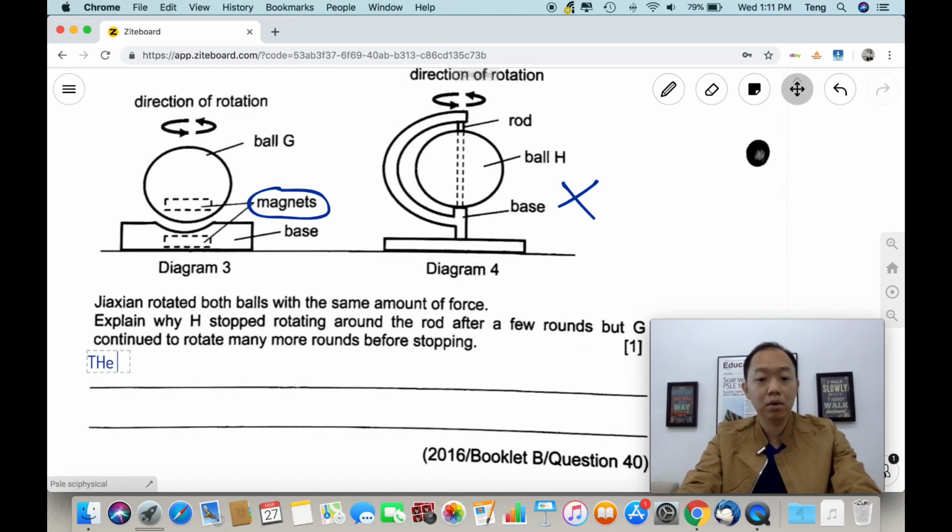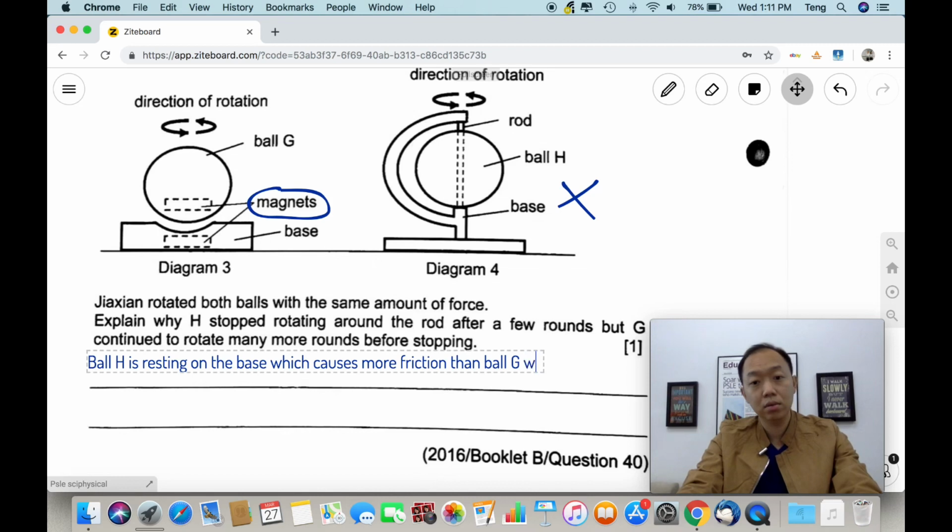So the ball H. Now, what's going on? Ball H is resting on the base, and because it's resting on the base, which causes more friction than for G, which is floating.